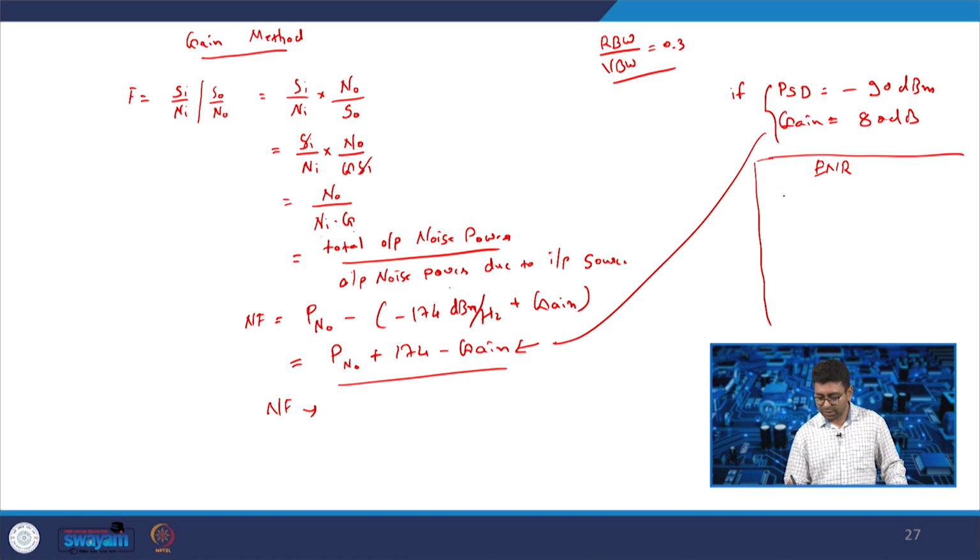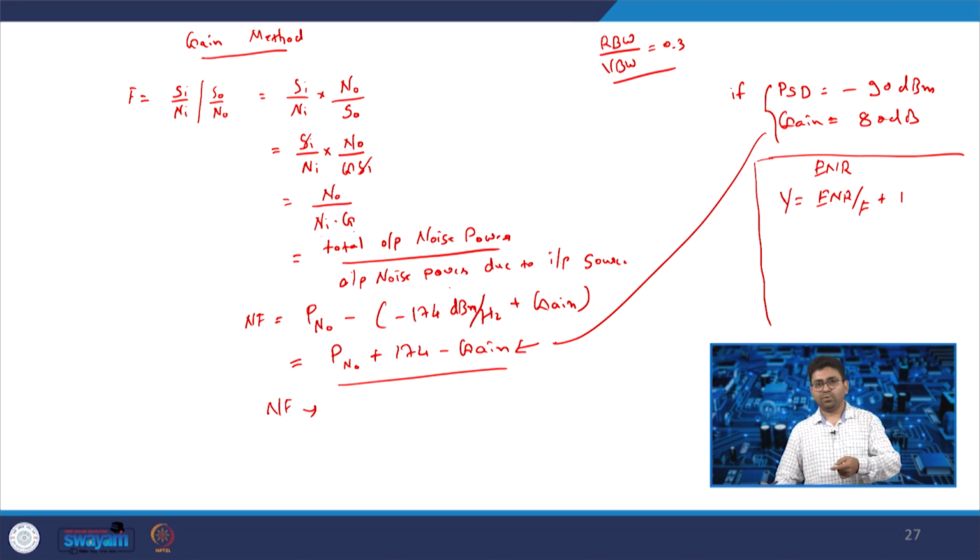So, the equation is Y equal to (ENR by F) plus 1. How exactly does this method work? You will have an active noise source available, and that active noise source has an excess noise ratio defined.